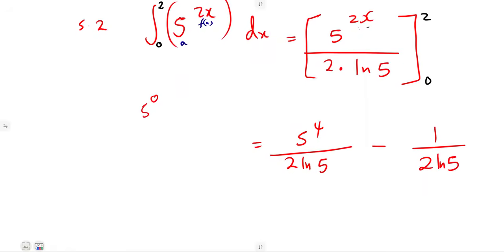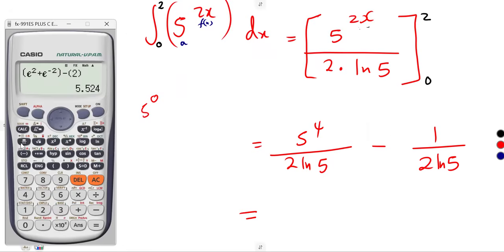So I can just simplify this straightforward from our calculator. 5 to the exponent of 4 over 2 ln 5, then we subtract 1 over 2 ln 5. So this is what you're going to get.